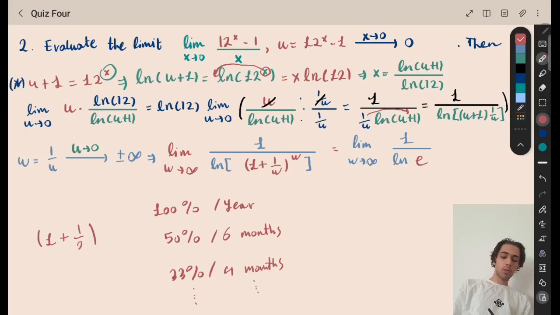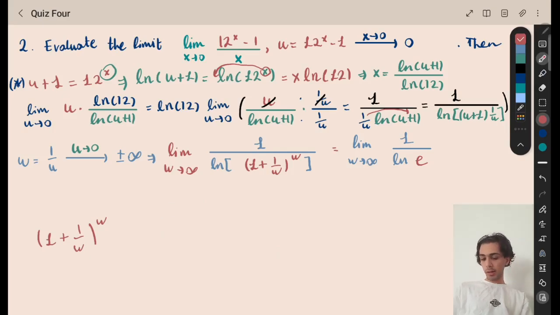So if it's 50%, you accumulate twice. 50% is a half. If it's a third, then you accumulate 3 times. Your money accumulates, and so on and so forth. If I do this infinitely many times, I get Euler's constant. This is just a recap of the fact. You can of course refer to the notes if that is not clear.